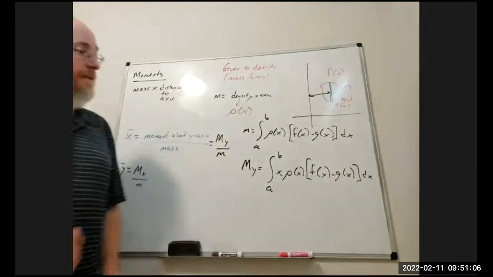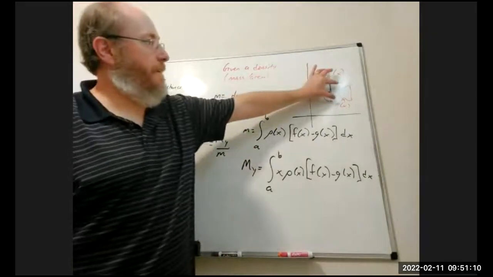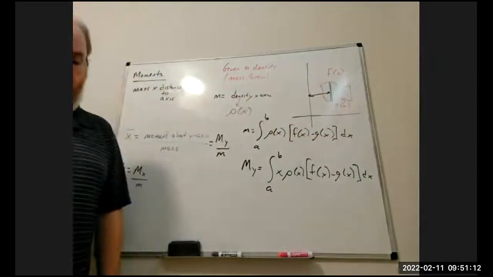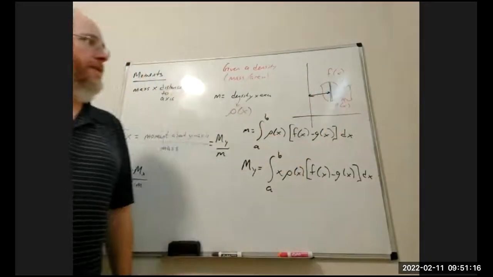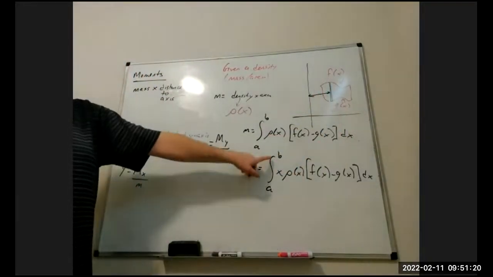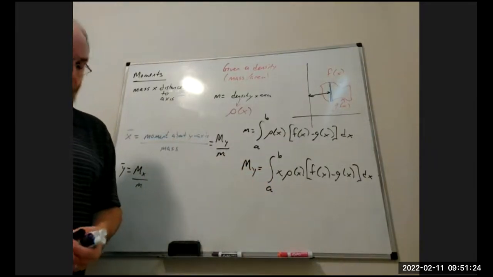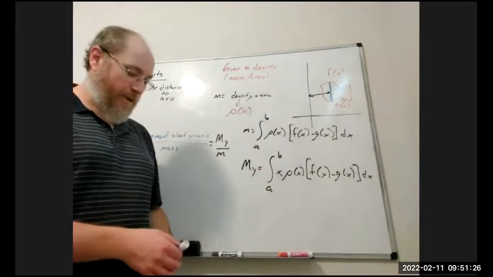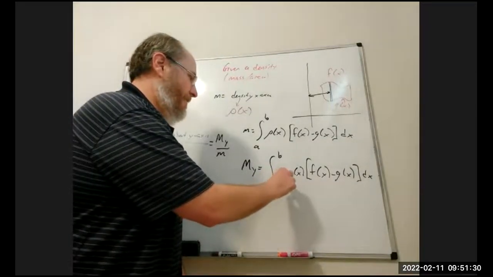And the reason that we still have that integral from a to b is we're going to do that for every strip along the way. As we go from the left to the right, we want to do it for each one of those strips. So that's why we're integrating. So it's almost identical. The one and only difference is this guy right here.